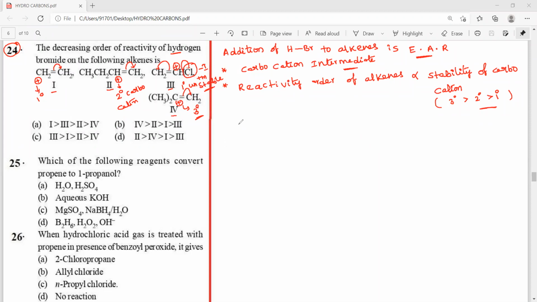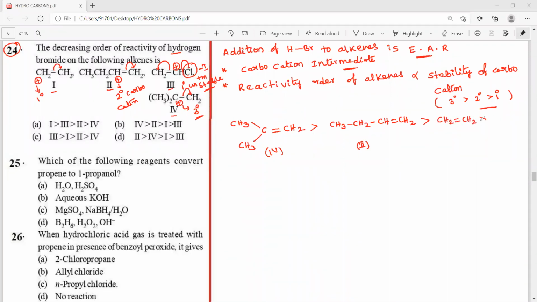So the reactivity order of the given alkenes: CH3, C bond CH3, double bond CH2, the fourth one, is most reactive towards electrophilic addition reactions or Markovnikov addition reaction. Then CH3, CH2 bond CH, double bond CH2, the second one, is more reactive, and then the first one, ethene.